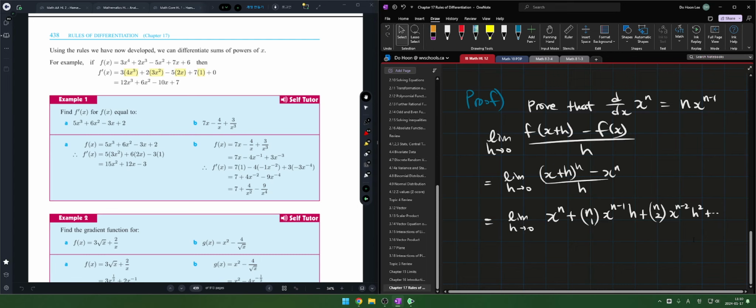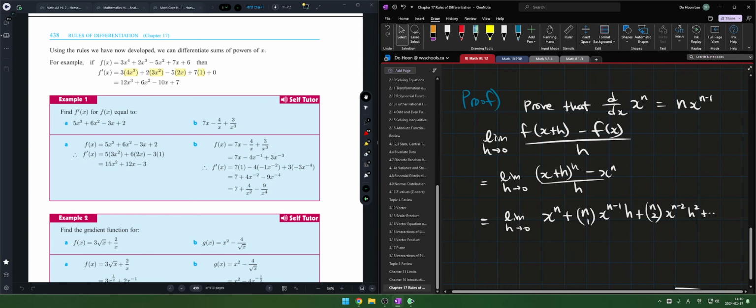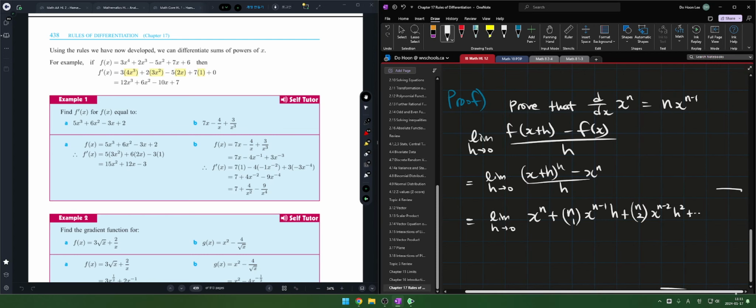We don't need to do a whole lot. Plus n choose n times x power of 0 and h power of n, right? And then we do minus x power of n on the top at the very end.